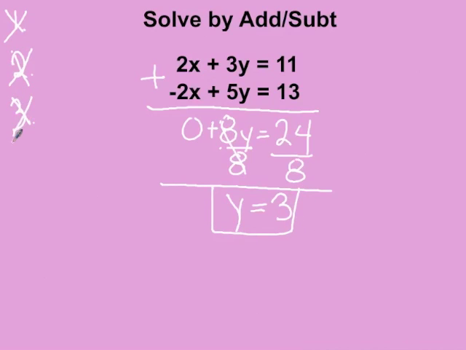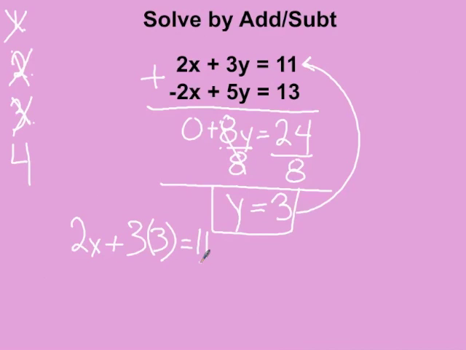We got y. And just like before, we weren't fine with just one variable. We needed the other variable too. So we need to find what x equals. So the 4th step was to substitute into our equation. I'm going to take this 3 and substitute it into the top equation. I get 2x plus 3y, my y is 3, so 3 times 3, equals 11. And now all I need to do is solve for x.